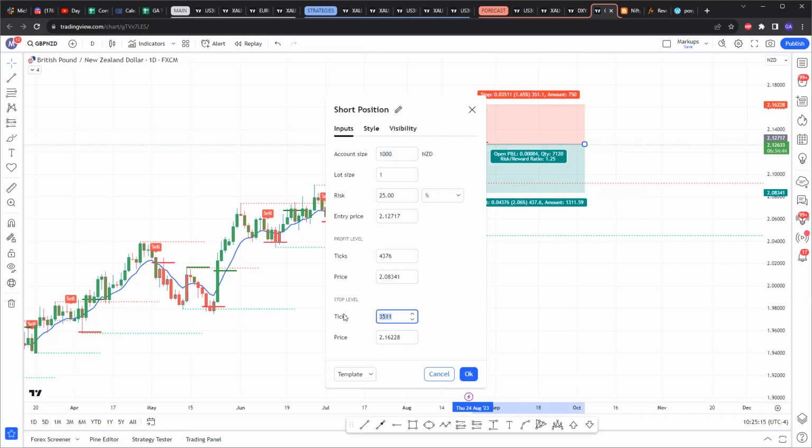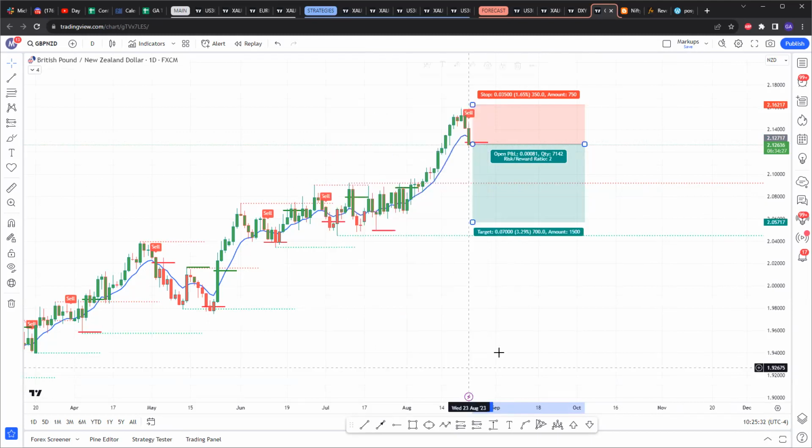I hate when this is in thousands. I think this is 350 pips, if I'm not wrong. Yeah, this is 350 pips. So you'd be going for 700 pips TP.